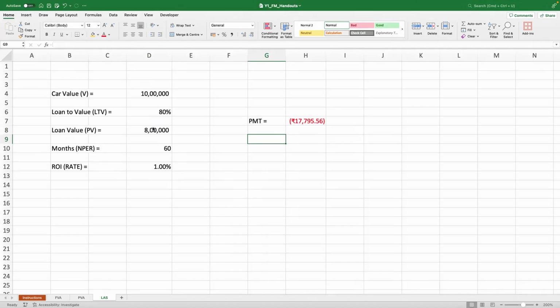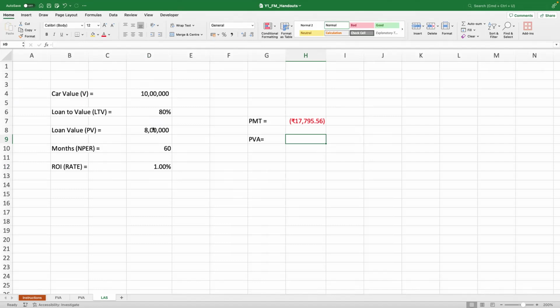You can also apply the formula present value of annuity. Now, how do you come to the conclusion that this is present value of annuity? Because in the exam, I will not be there. So how would you decide, looking at the language of the problem, that it is a present value of annuity? It's a combination of two things. One is present value and the other one is annuity.